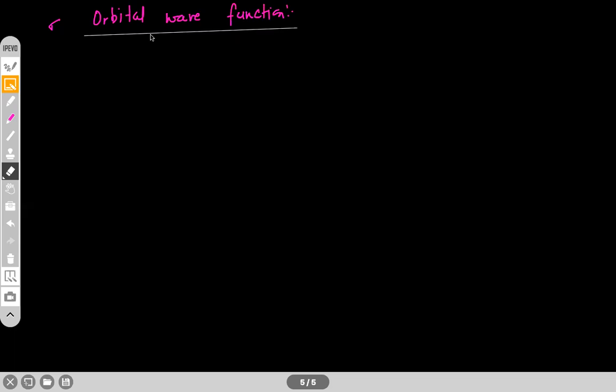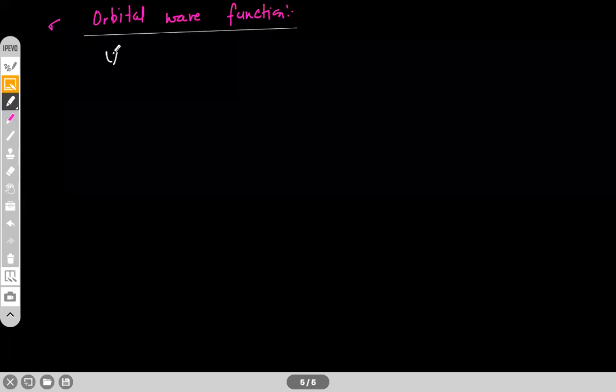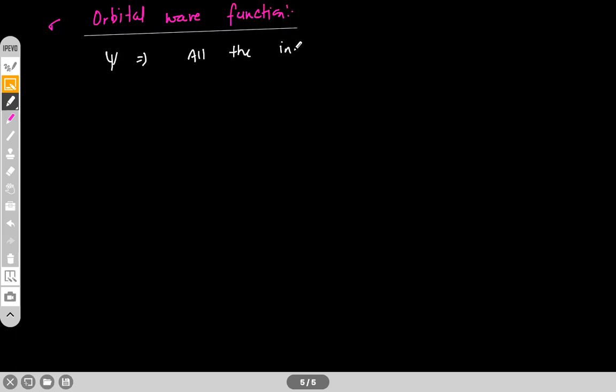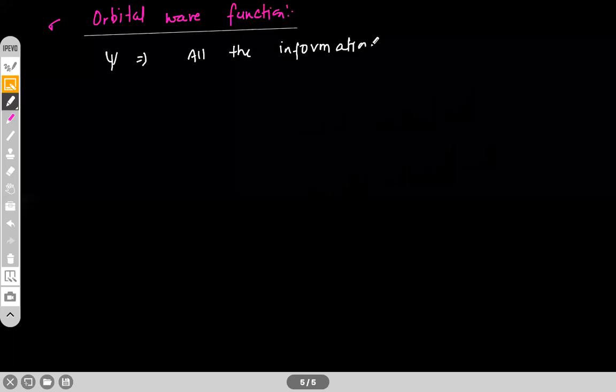Now you see this orbital wave function. We know this wave function psi gives all the information for an electron.